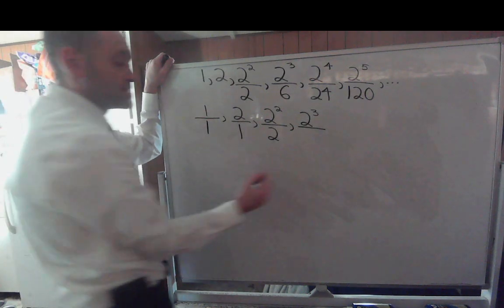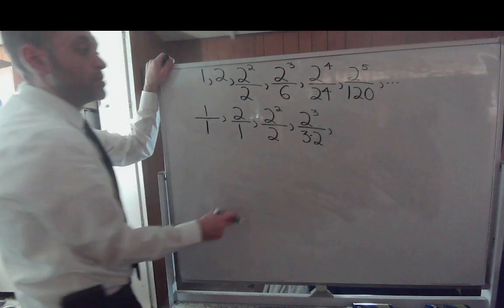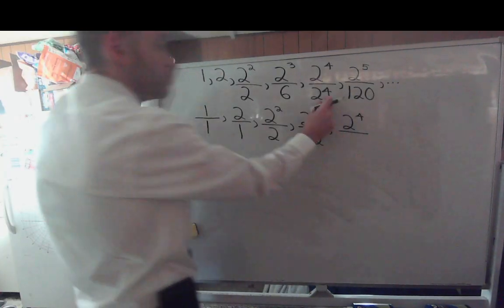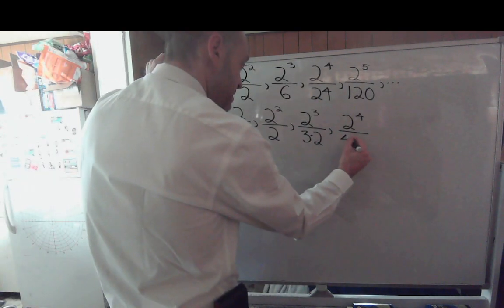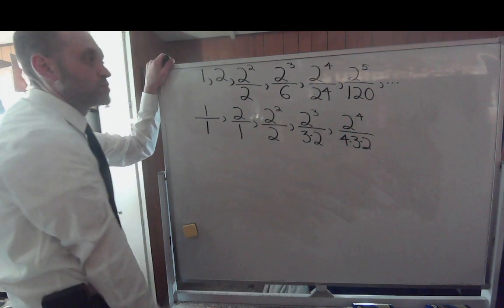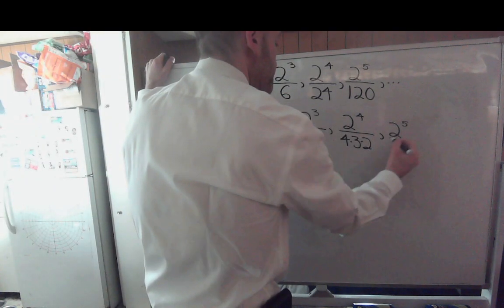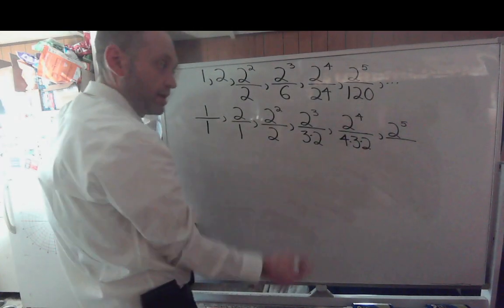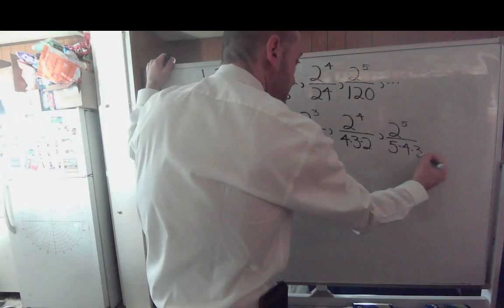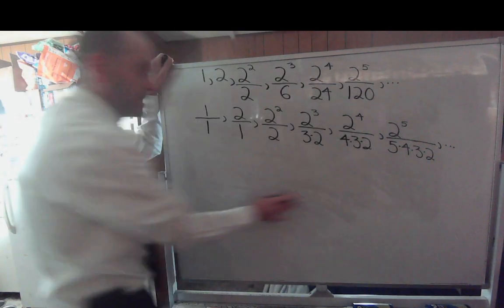Isn't 6 the same thing as 3 times 2? And then what about the next term? You have 2 to the 4th. Isn't 24 the same as 4 times 3 times 2, and really times 1? We just don't need to put that times 1. And then we have 2 to the 5th over 120, which is the exact same thing as 5 times 4 times 3 times 2. And then, of course, your sequence is just going to keep going.